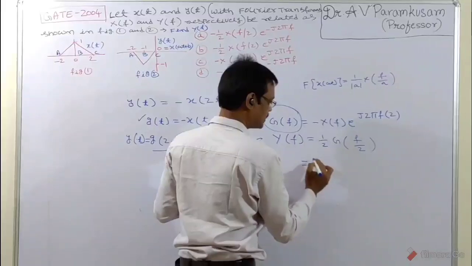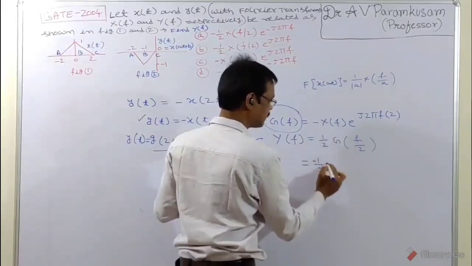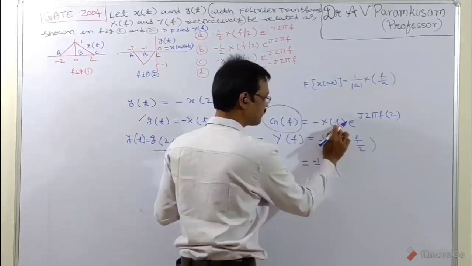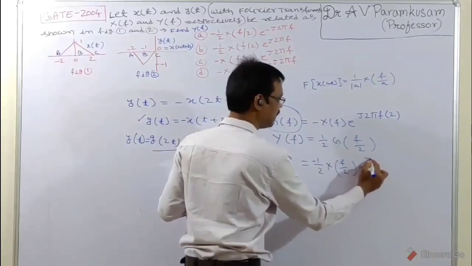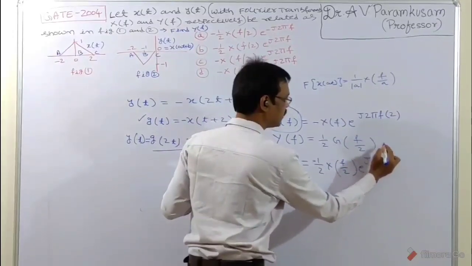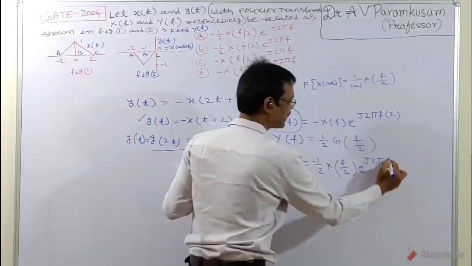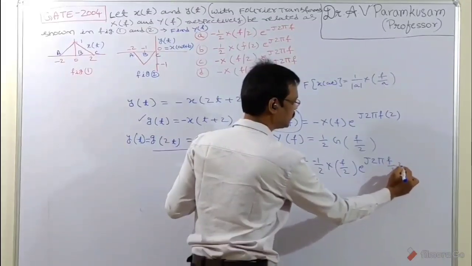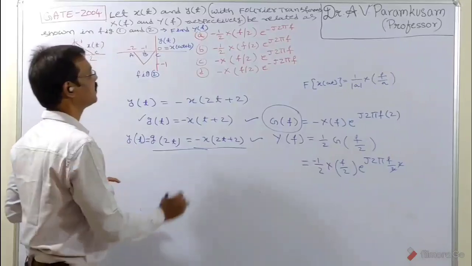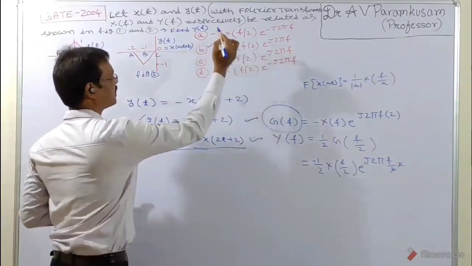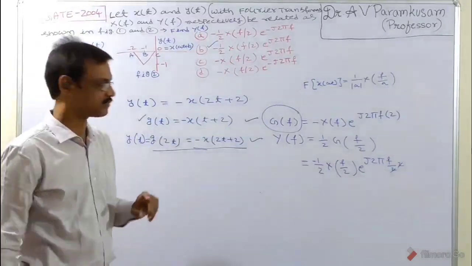So minus X of f by 2, e to the power j 2 pi f by 2 into 2, which gets cancelled. So this is the answer. Out of these 4 options, B is the correct option.